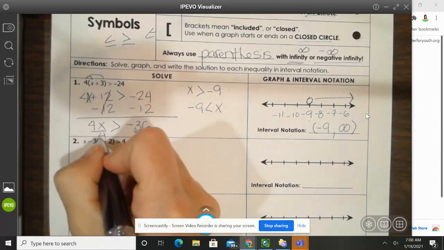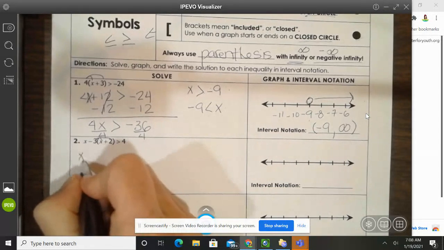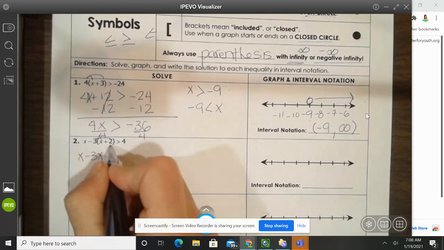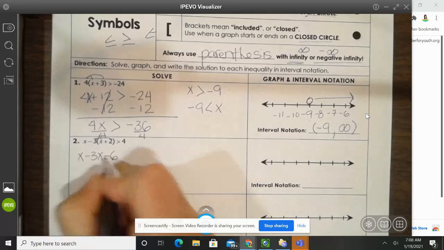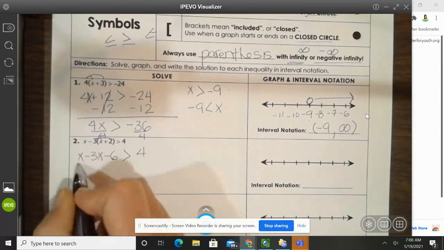All right, so we're gonna distribute that 3 inside the parentheses. We're gonna treat it like if there was an equal sign. So that's x, and then -3x minus -3 times 2, that's -6, and then it's greater than 4. And we combine these two, right?